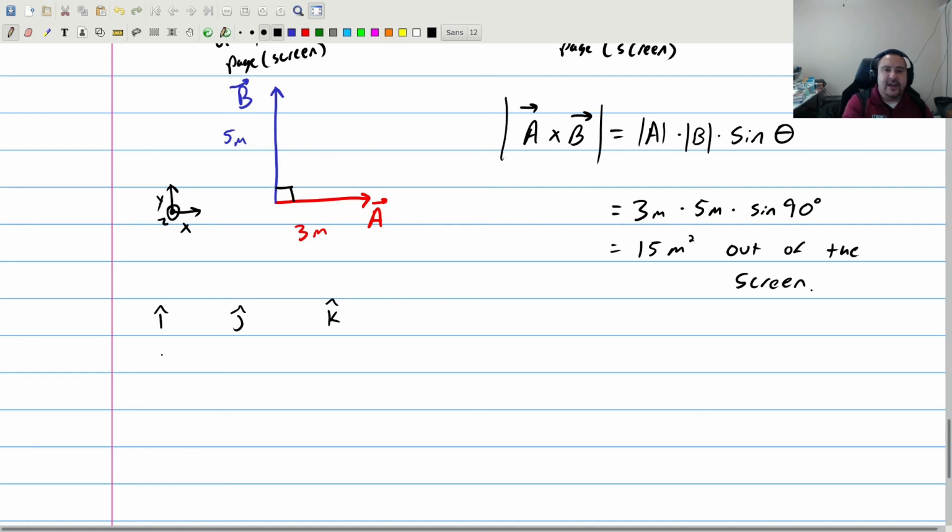The first one, A, is 3 meters in the X direction and nothing else. The second one is 5 meters in the Y direction and nothing else.